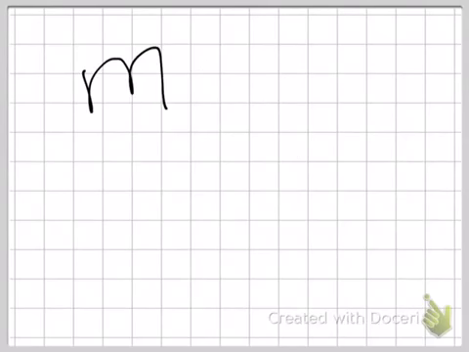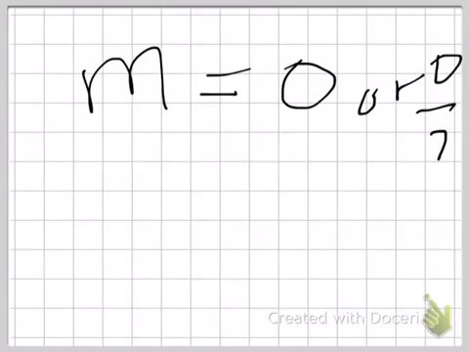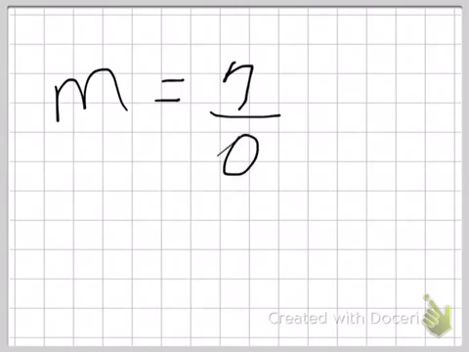When m is equal to 0, or 0 over some number, which is still 0, then the line is going to go straight across from left to right. When m is written with a 0 in the denominator, which you probably won't see at this level, then the line goes up and down, which is undefined.